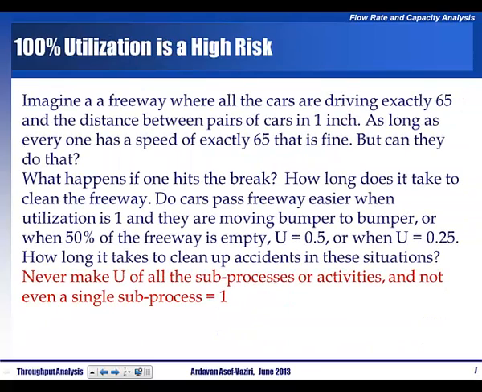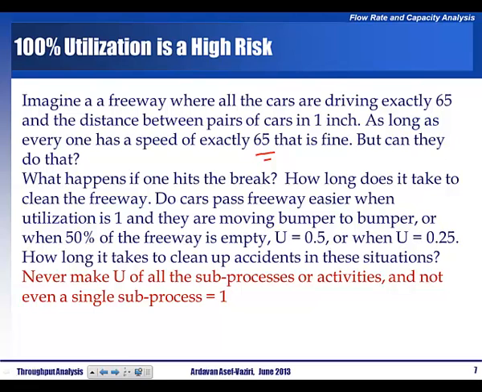Imagine a freeway where we wanted to perform at 100% capacity. 100% capacity means cars are moving bumper to bumper at a speed of 65 miles per hour. As long as the speed of all cars is exactly 65 miles per hour, nothing will happen.